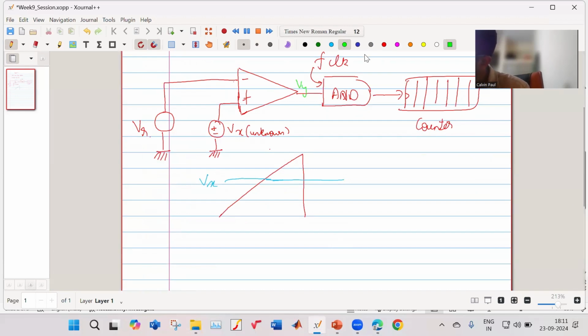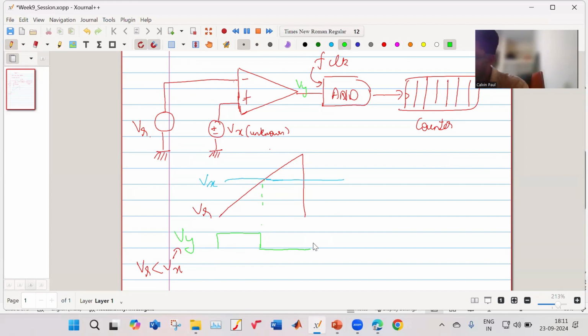Vy will be high whenever VR is less than Vx, else it will be low.